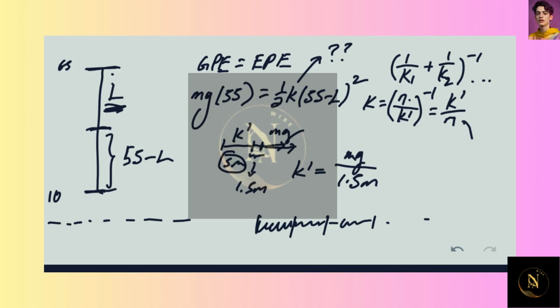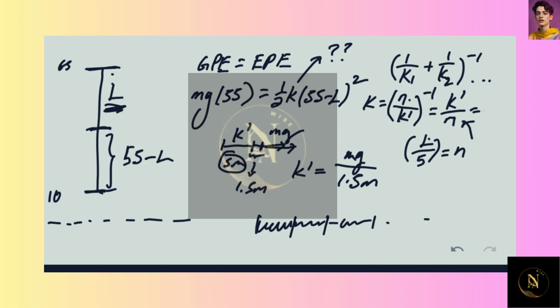So what is n? How many 5 meters are there? Well, we just have to take L divided by 5, and this will tell us the number of 5 meters there are in the total length L that we want to use.